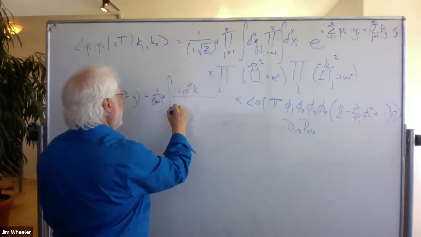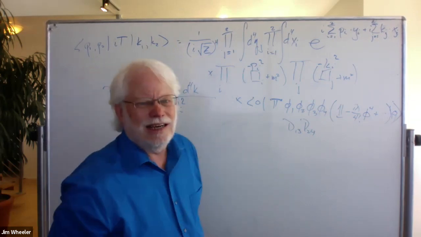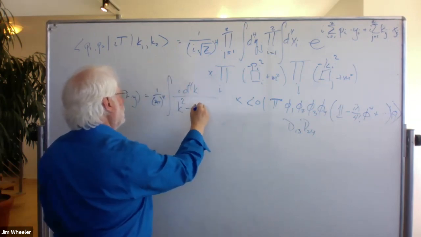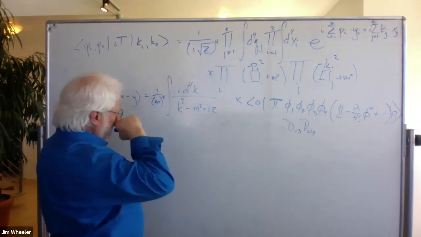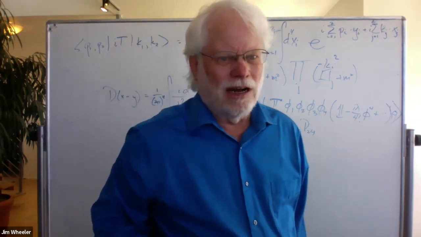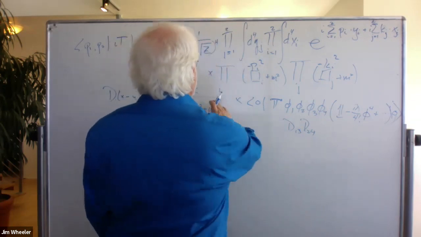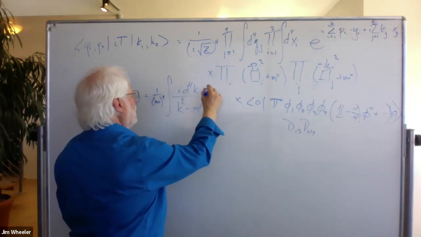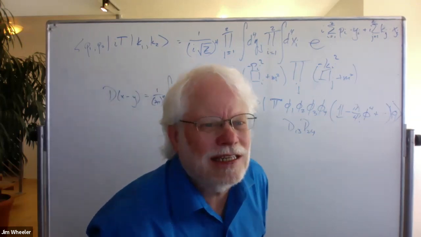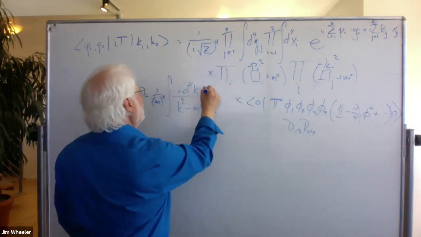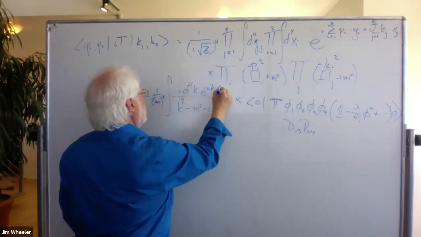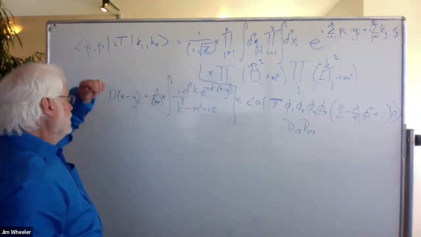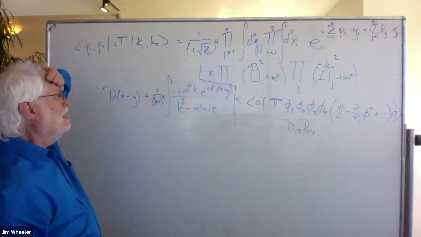We have a factor of i, and then we have k squared minus m squared plus i epsilon. The i epsilon is just a reminder here. And then we have the exponential, e to the minus i k dot (x minus y). So there. Okay, so our propagators are going to look like this.